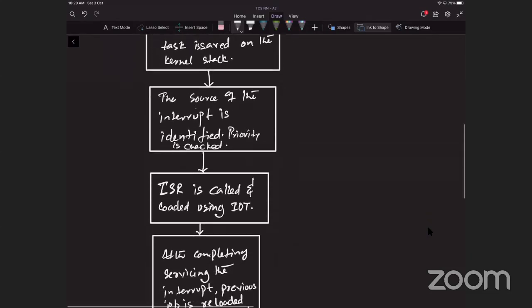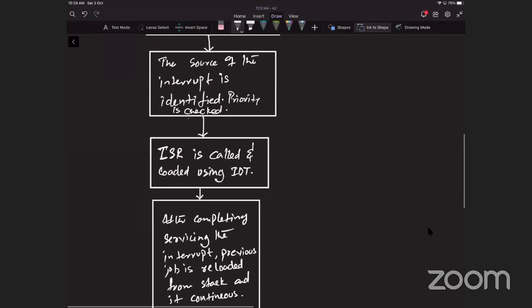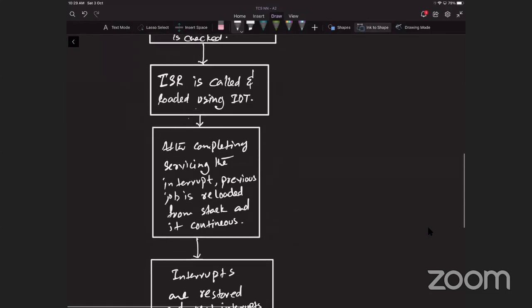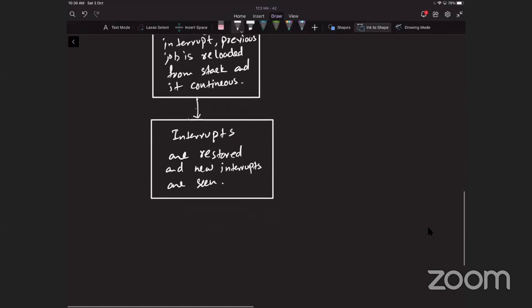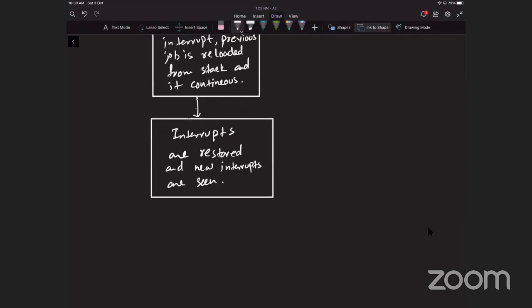If the priority is high, then the interrupt service routine is called and loaded using IDT, the interrupt dispatch table. After completing servicing the interrupt, the previous job is reloaded from the stack and the job is continued, and interrupts which were disabled earlier are now restored.